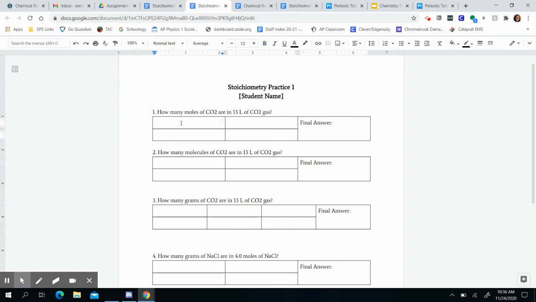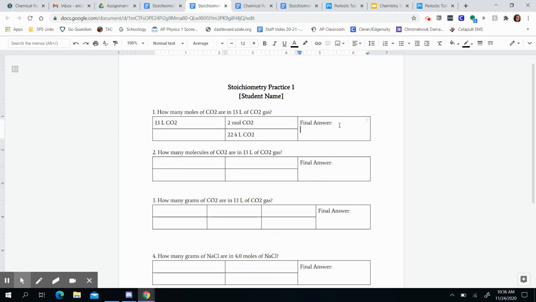Okay, so then I'm going to show you how I type that out. So I'm just going to use the boxes as my fraction. For some reason, my subscript is on. So I know that it's 13 liters of CO2. And then I use the conversion of 22.4 liters of CO2 is equal to 1 mole of CO2.